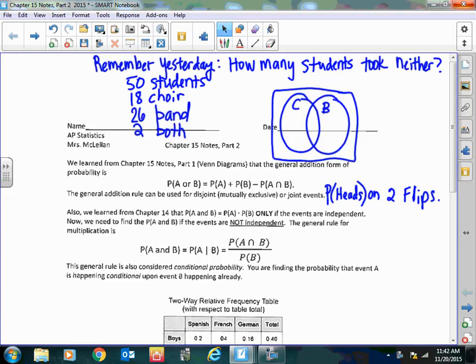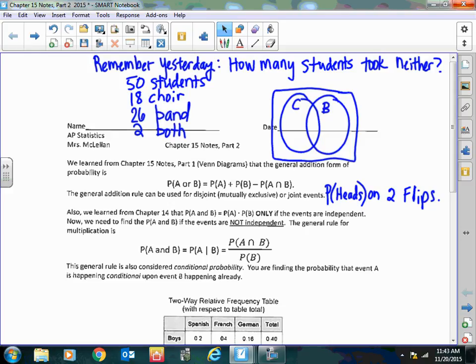So I wrote it up here, that if you have 50 students, 18 of which are in choir, 26 are in band, and 2 are in both, then the question was, how many students took neither? Or neither choir nor band. Okay.